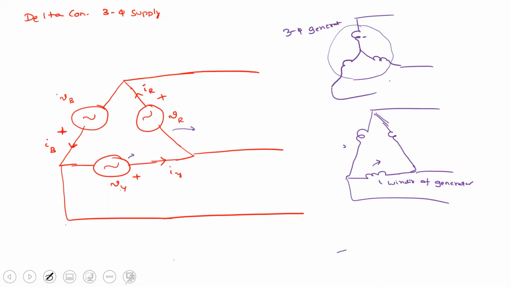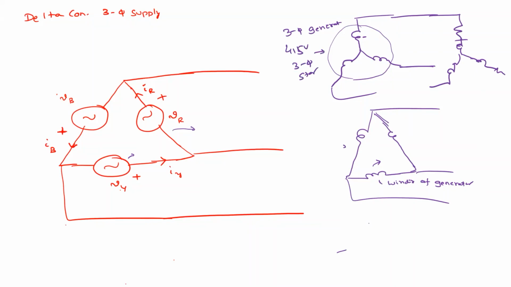How can we say whether they are mentioning an inductor or a winding? That's why I told you, this is one circuit here, and on the other side you have a circuit something like this. Next to this, they will write something like 415 volts, three phase, star connected. That means this is the source.